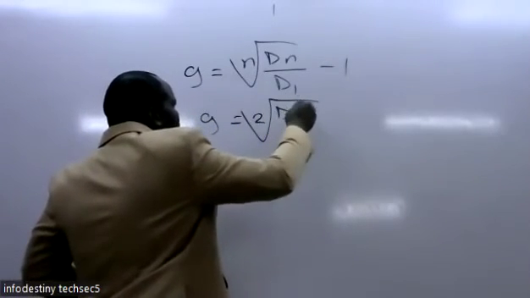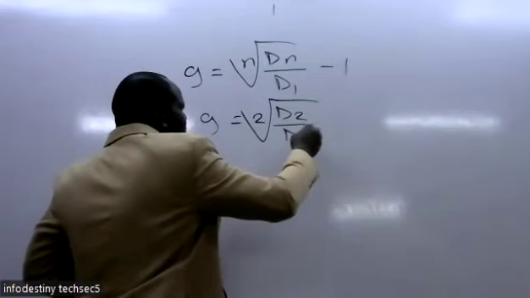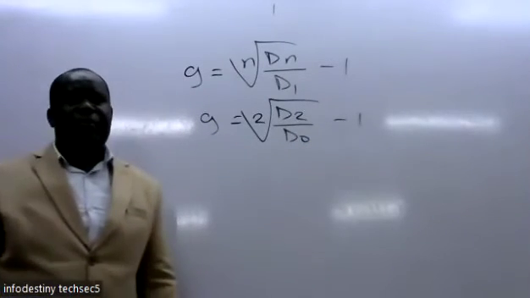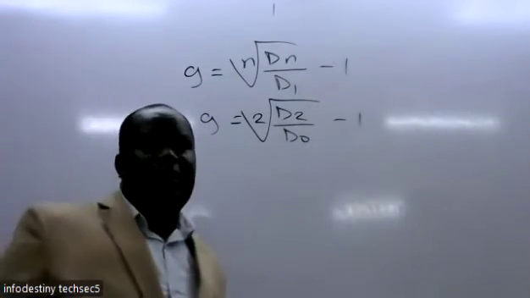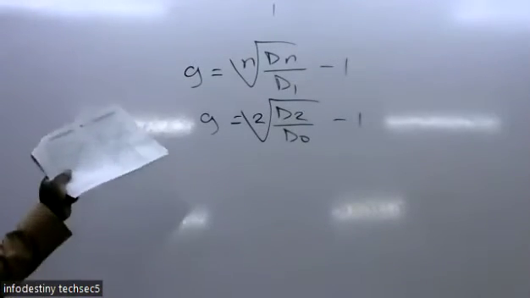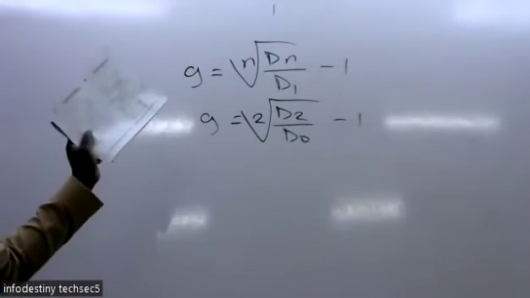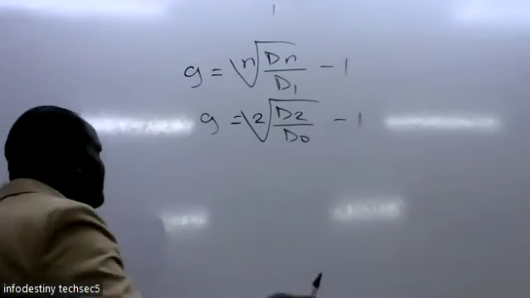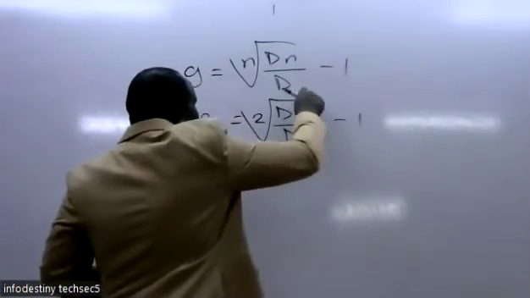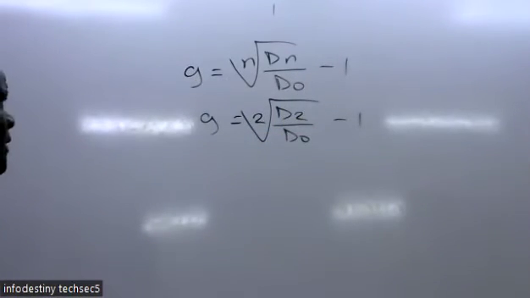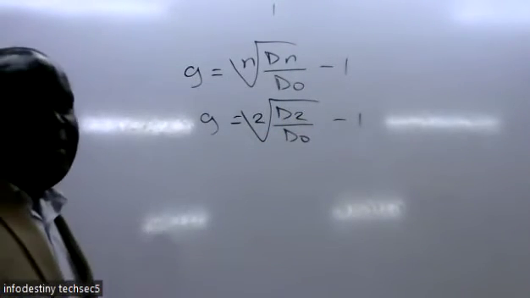Then D2 divided by D0, then we minus 1, in that order. So D2 is now our Dn, and this one is 0, sorry, not 1, D0. We express it in that manner.